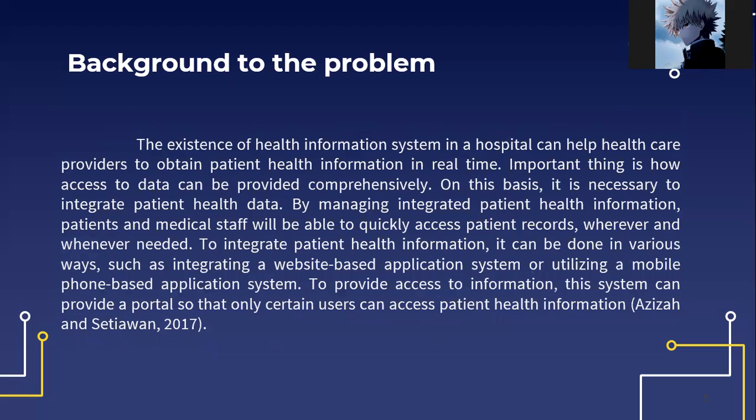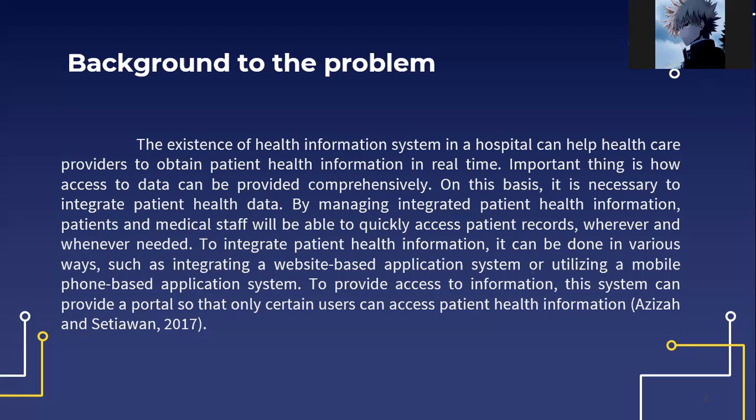The existence of a health information system in a hospital can help healthcare providers obtain patient health information in real time. The important thing is how access to data can be provided comprehensively. On this basis, it is necessary to integrate patient health data. By managing integrated patient health information, patients and medical staff will be able to quickly access patient records wherever and whenever needed.